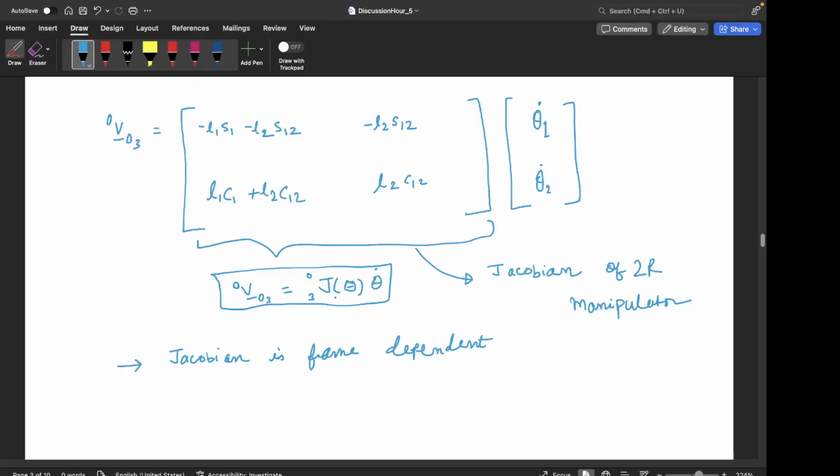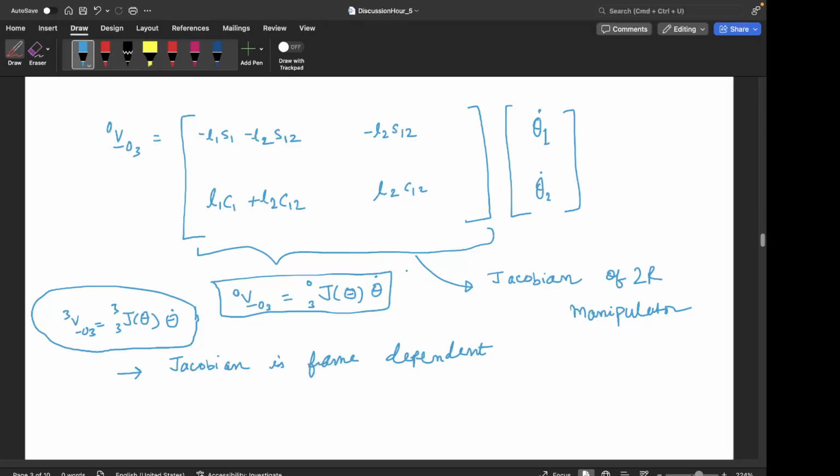If I multiply it with the Jacobian of the end effector expressed in the base frame, then I get the velocity of the end effector in the base frame. If I multiply with the Jacobian expressed in the end effector frame, then I get velocities in the end effector frame, right? So the Jacobian is frame dependent, so be very careful while using Jacobians.